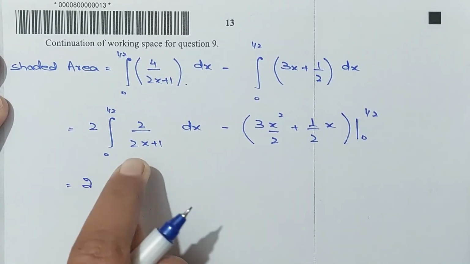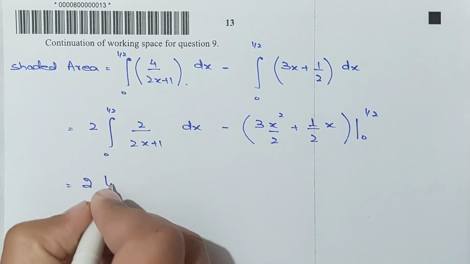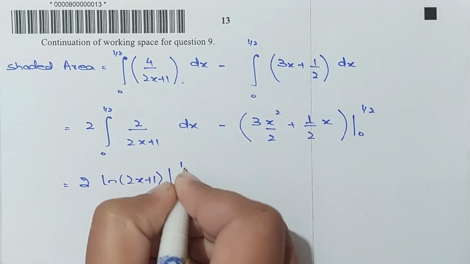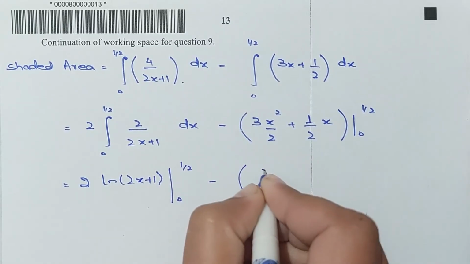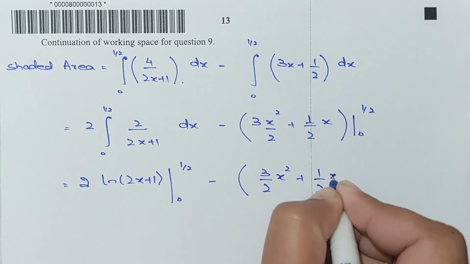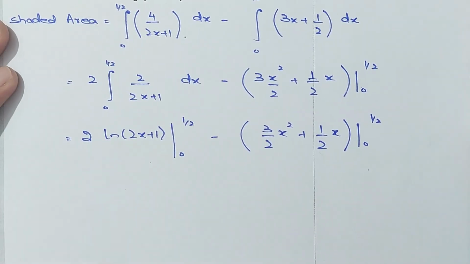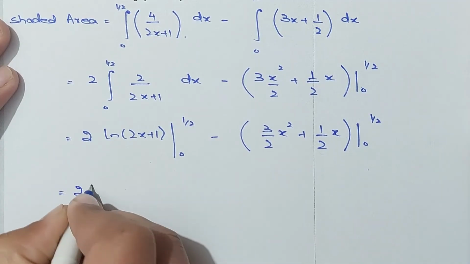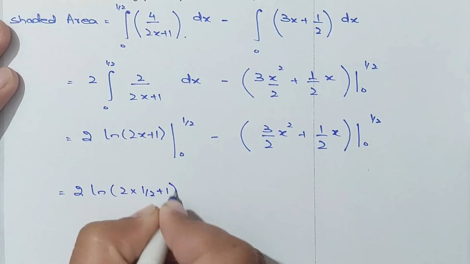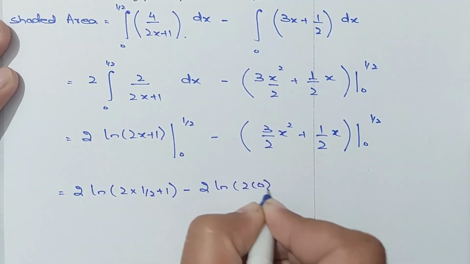Okay, this is 2. So when the derivative is complete in the numerator, its integration is ln of 2x plus 1, 0 to 1 by 2, minus 3 by 2 x square plus 1 by 2 x, 0 to 1 by 2. Now let me apply the upper and the lower limits. So 2 ln of 2 times 1 by 2 plus 1, minus 2 ln of 2 into 0 plus 1.